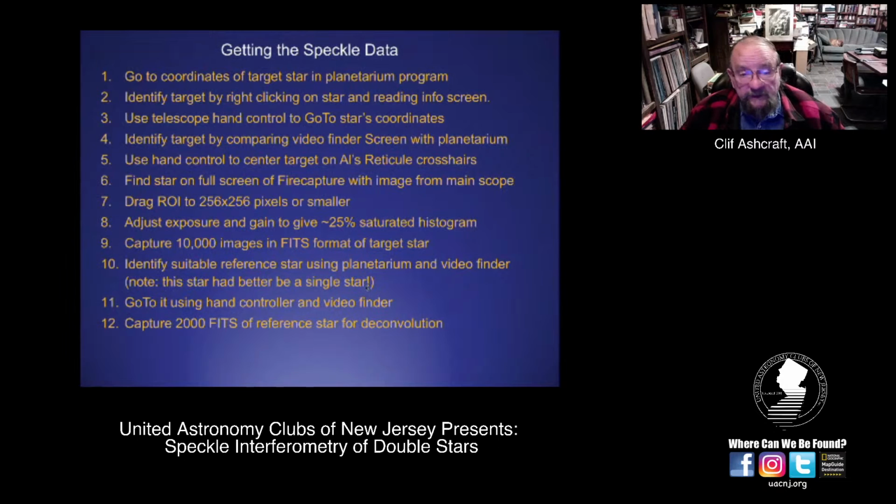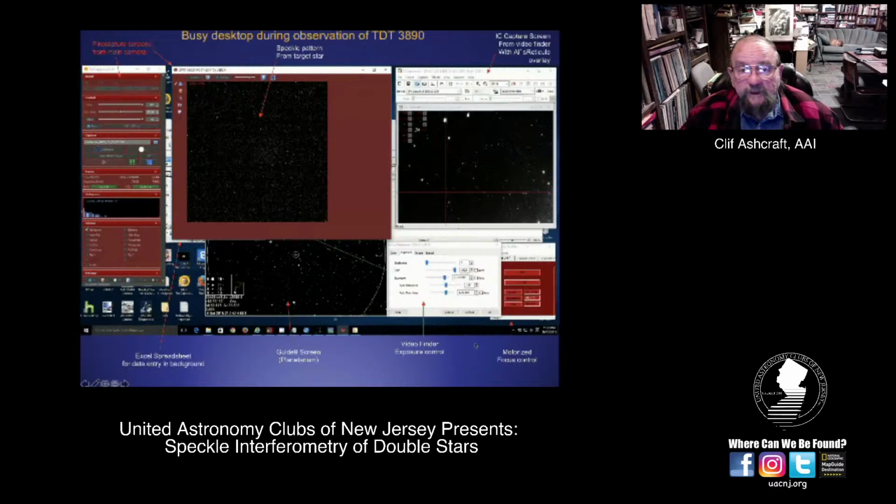It should be a single star, similar brightness to the double star, and fairly close to it in the sky, so the seeing and atmospheric dispersion, etc., will be similar. Go to it using the hand controller and the video finder, and I routinely take 2,000 FITS files of the reference star. The software will use this for deconvolution and sharpening up the images.